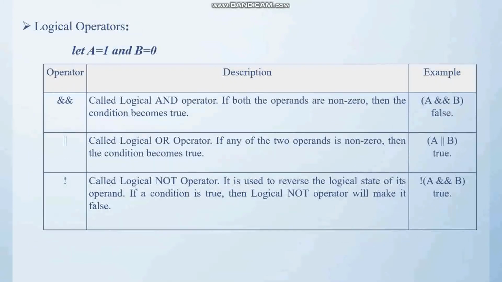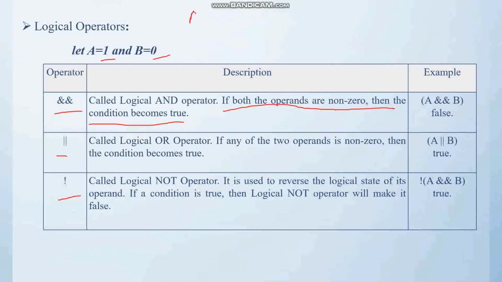Now the logical operators. There are three types of logical operators available: logical AND, logical OR, and logical NOT. For the logical AND operator, if both operands are non-zero, then the condition becomes true. What does it mean? The values of a and b are given here.